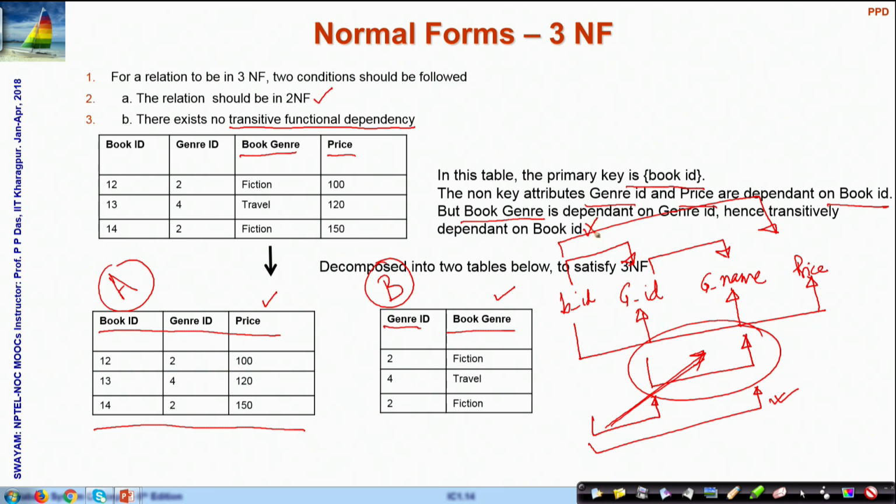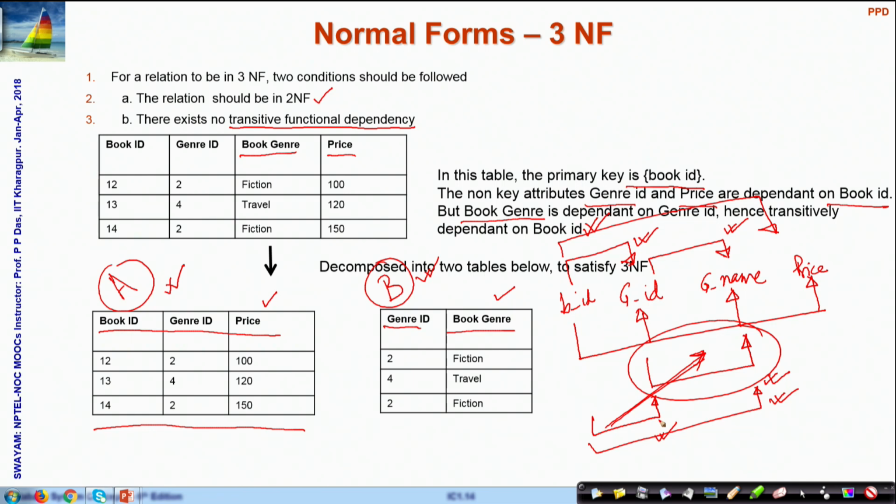So, they cannot be checked, but we are still okay, because if I take book ID determines price, and book ID determines genre ID, which I can check on table A, and if I take genre ID determining genre name, which is in table B, then as a closure of that, as a cover of that, I can get this particular functional dependency, that book ID determines the genre name.